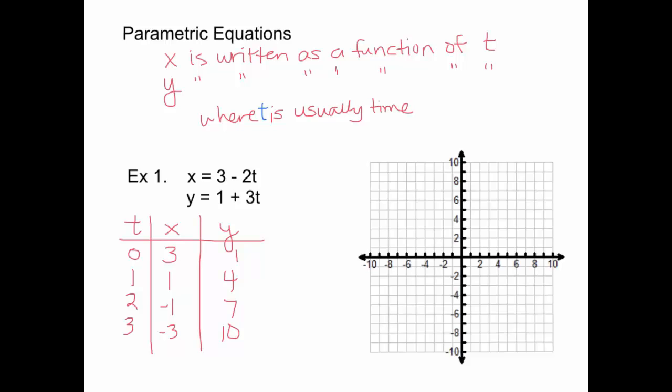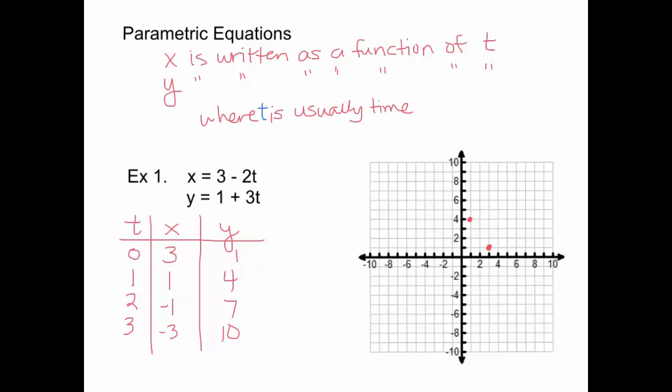All right, so now let's plot those points. So my first point, and again, this kind of matters because, like I said, it's time. We're kind of tracking the position of something over time. So that says 3, 1. So the starting point is at 3, 1. The next point is at 1, 4.